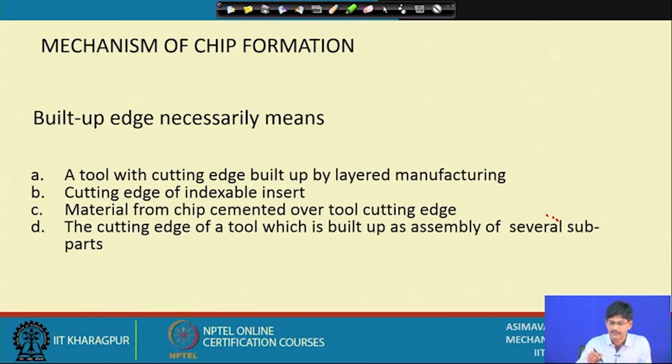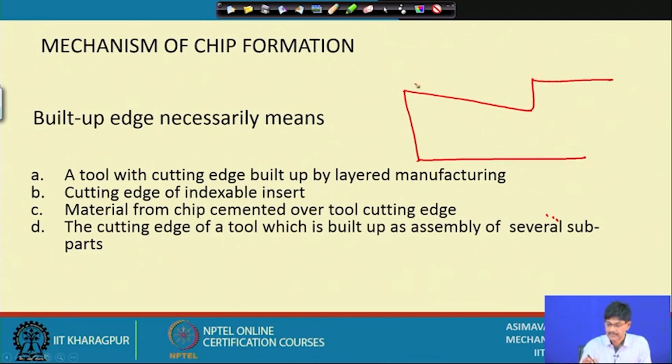Actually, if you have a look at the built up edge, if you have the tool this way, and if you have the chip going this way, built up edge is cementing of layers of chip material which suffers stagnation, and it gets almost welded with the tool rake surface, and thus it covers the cutting edge.